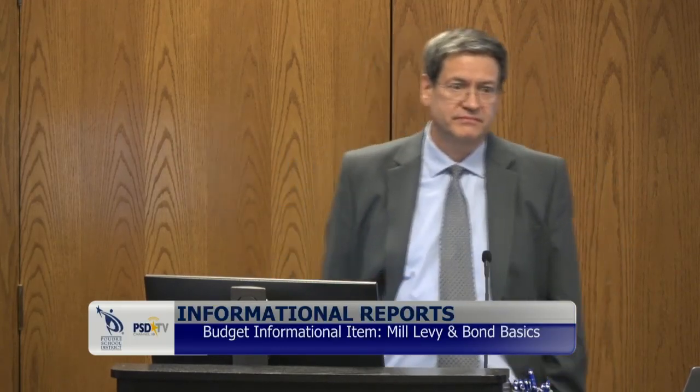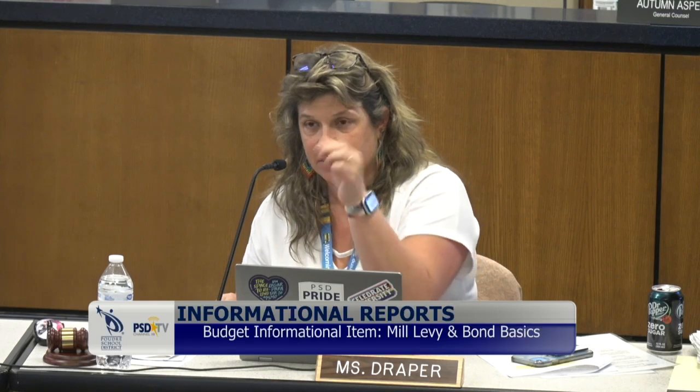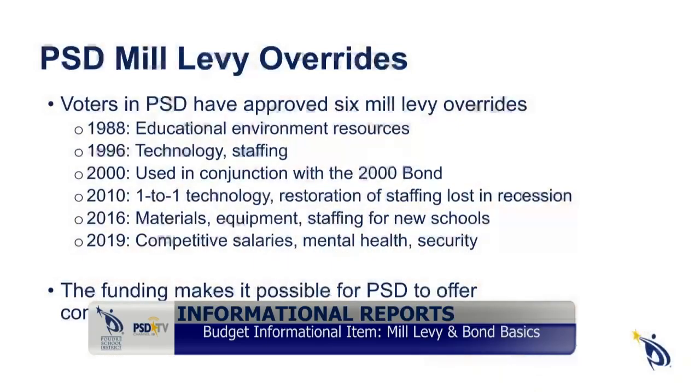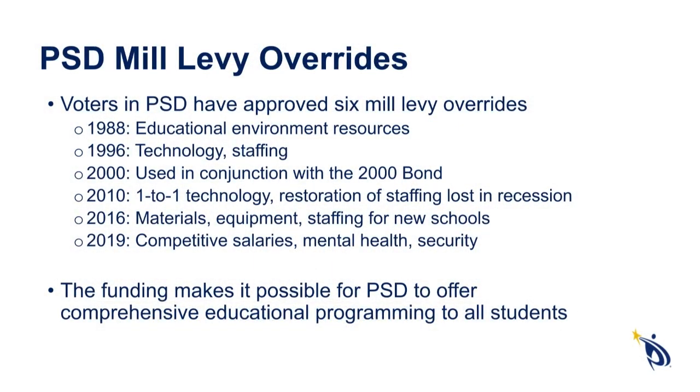One of the things I want to point out too is if you go back to the slide where you're talking about all of the mill levy overrides from 1988 on, you mentioned this, but it's only the 2019 one that goes with inflation. So all of those other ones that you're looking at, 88, 96, 2000, 2010, 2016, those are flat numbers.